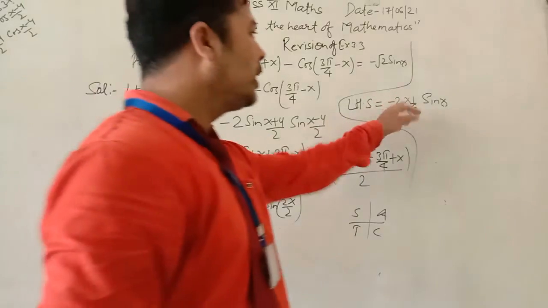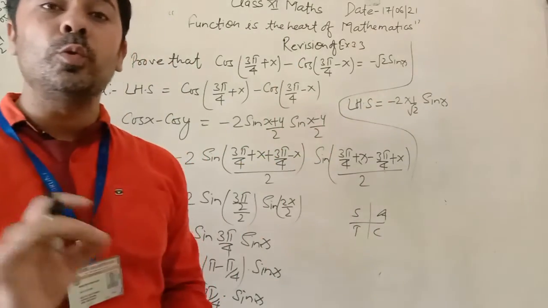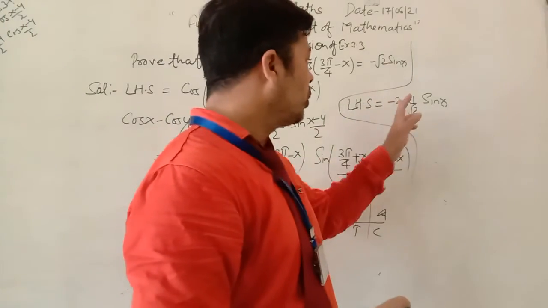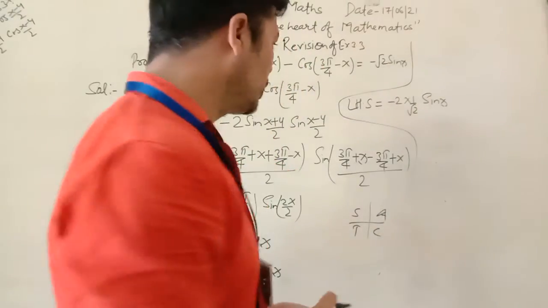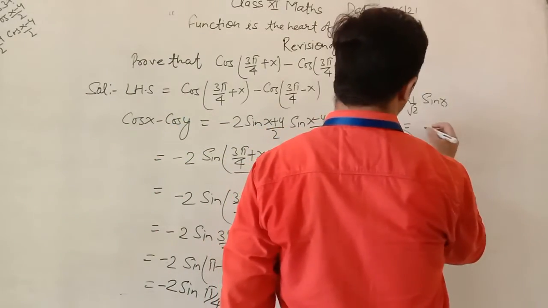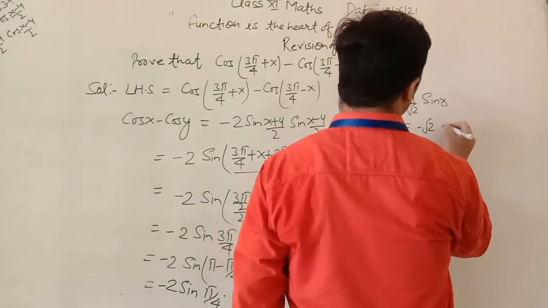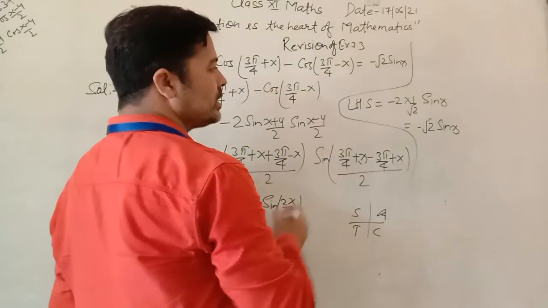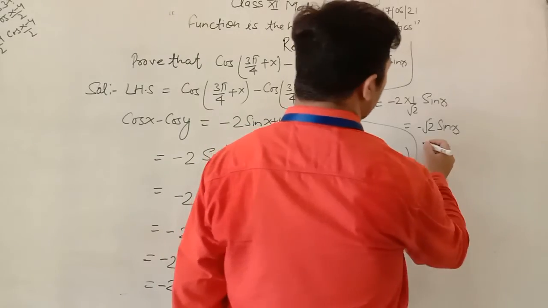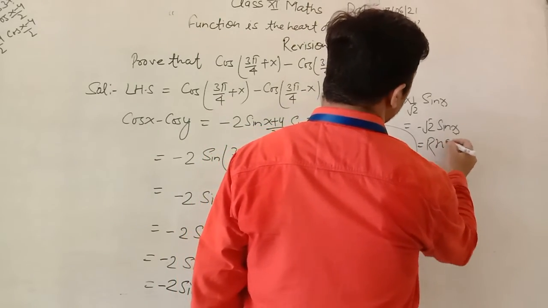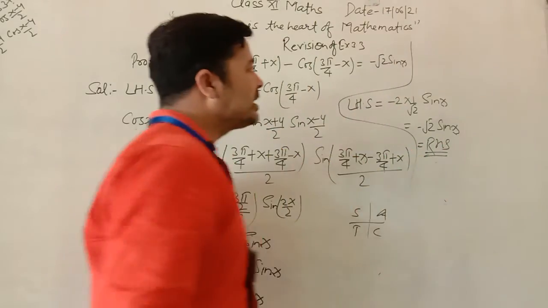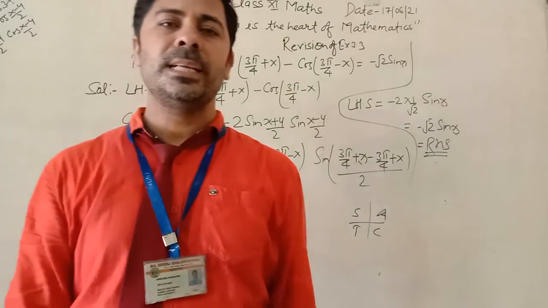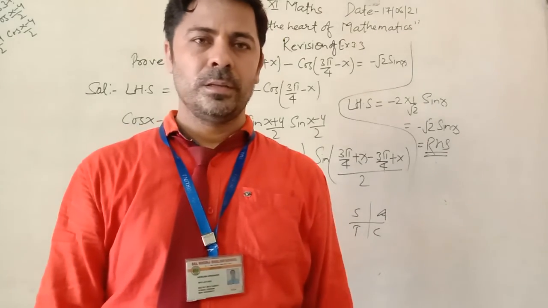You know that 2 can be split as √2 into √2. One root is cancelled out. So LHS is equal to −√2 sin x, which is what we needed to prove. Hence it is equal to RHS, hence this is proved. Thank you.